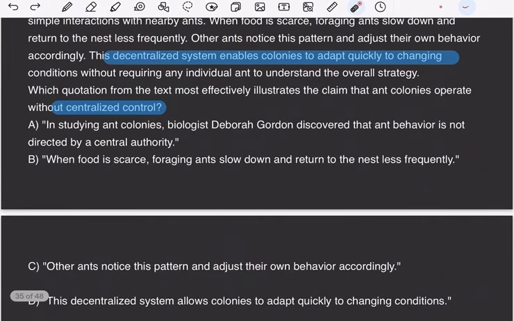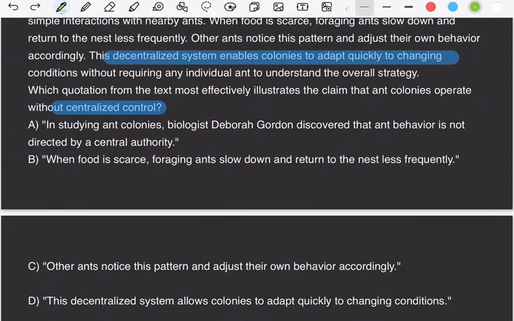So option A is in studying ant colonies, biologist Deborah Gordon discovered that ant behavior is not directed by central authority. Now, this directly states the claim. Okay, this says that it is not directed by central authority, which is something that we want. So there isn't anything specifically incorrect about this. So I'm just going to keep this for now.